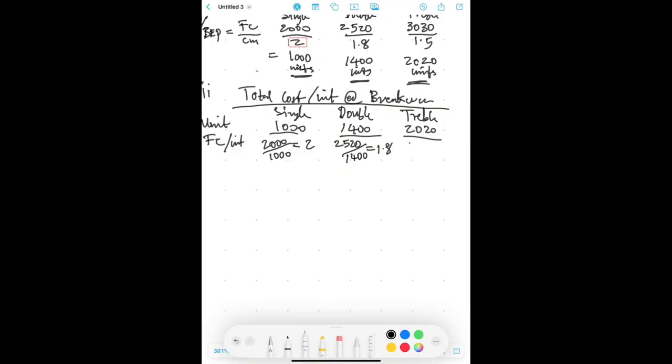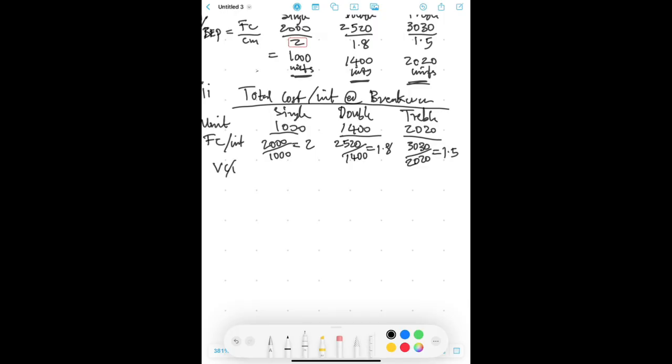And here we have fixed cost of 30 divided by the number of units here, which is 20, the break-even units. That will give us 1.5. So this is our fixed cost per unit.